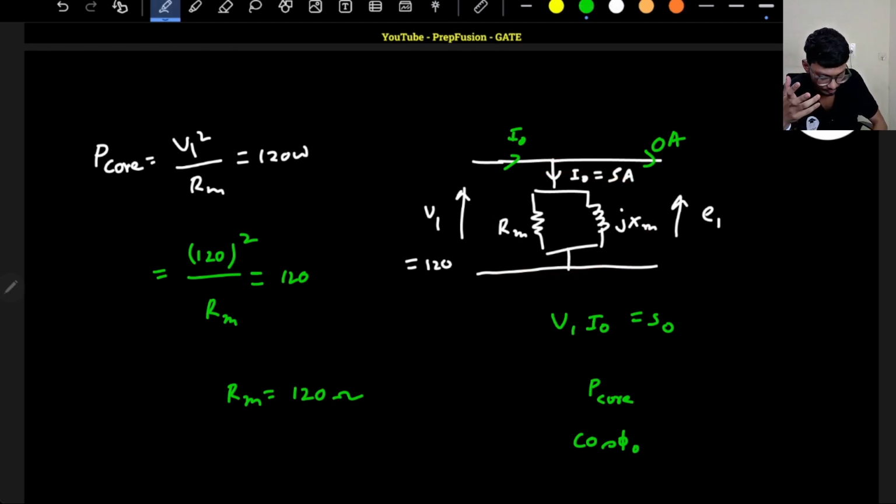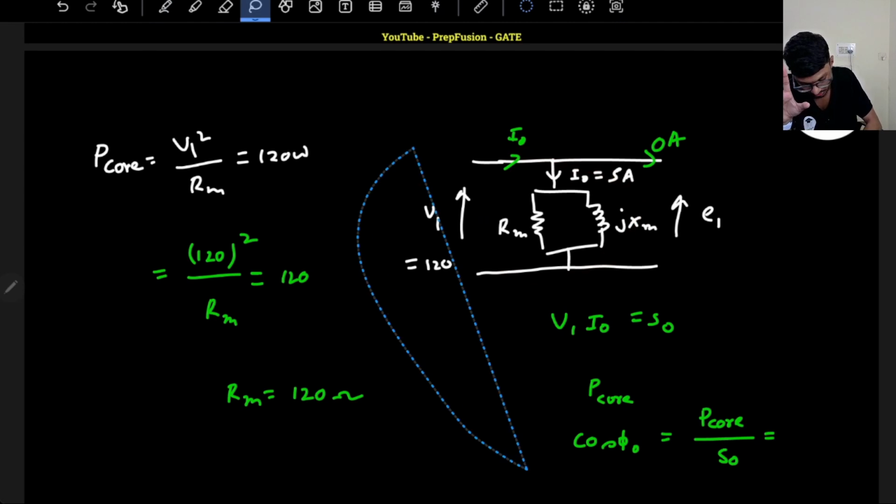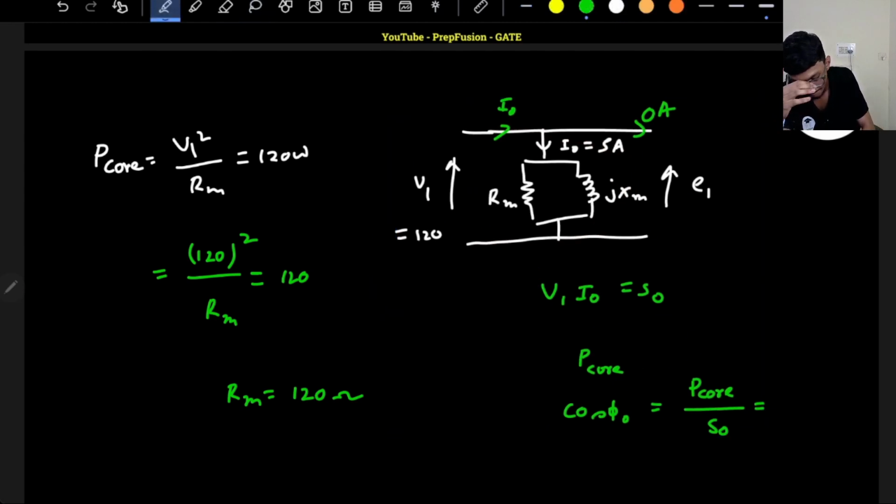So cos phi 0, if you remember, was active power upon apparent power. So it is P core upon S naught, the apparent power of this particular circuit only. I am only discussing this circuit. So what is P core equal to? P core is equal to 120 watt that we have calculated, and S is equal to V1 into IO.